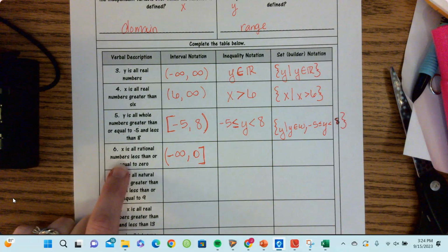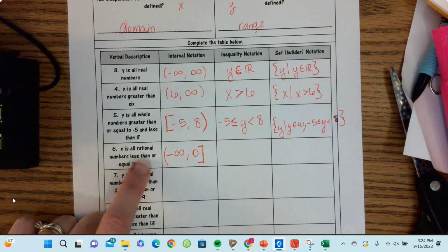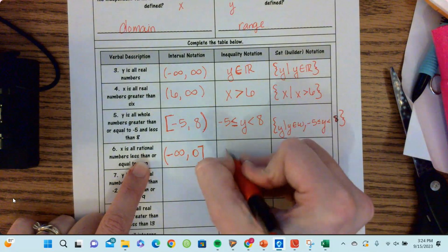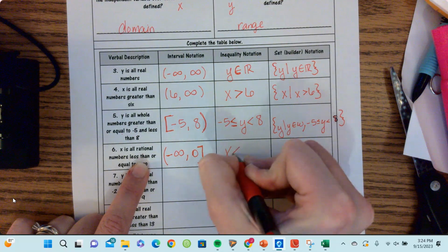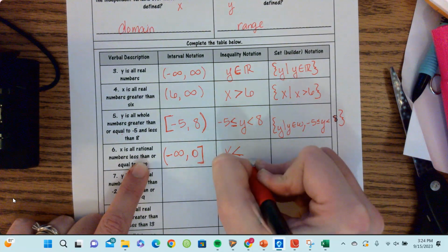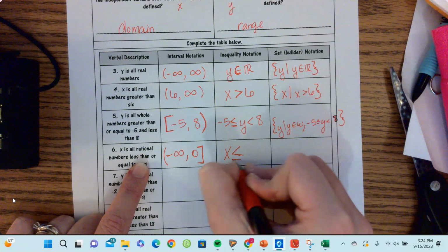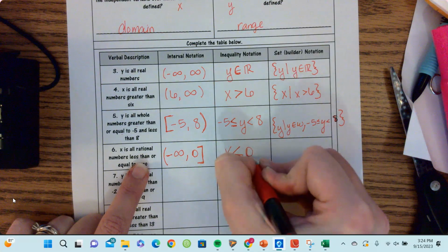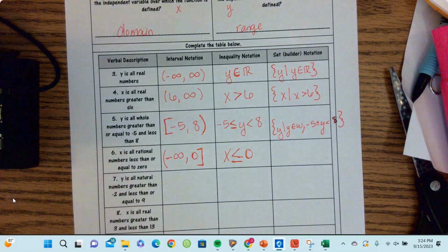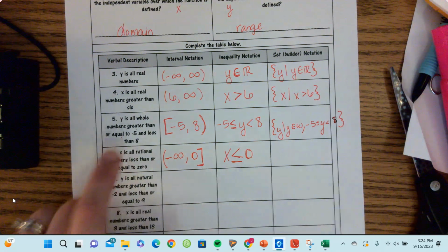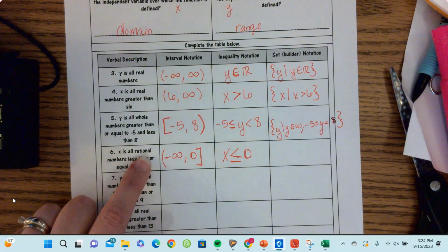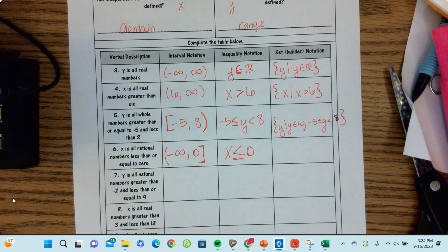So when we write this, x is all rational numbers less than. So x has got to be less than, so remember, alligator eats the big, less than or equal to 0. And then again, this one designates a set, rational numbers. Rational numbers we write with a, is it a Q?